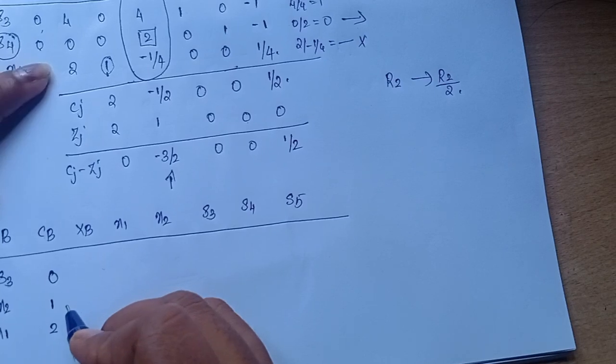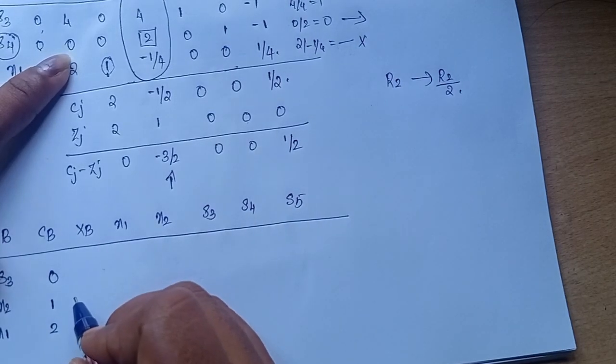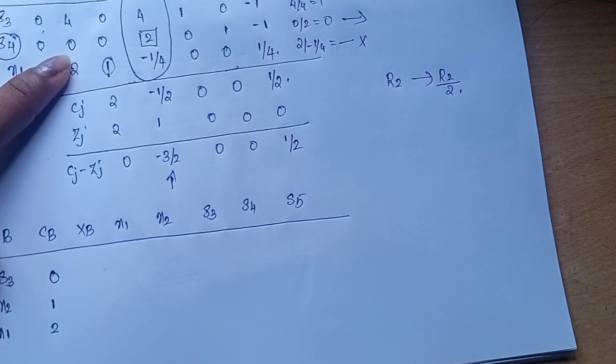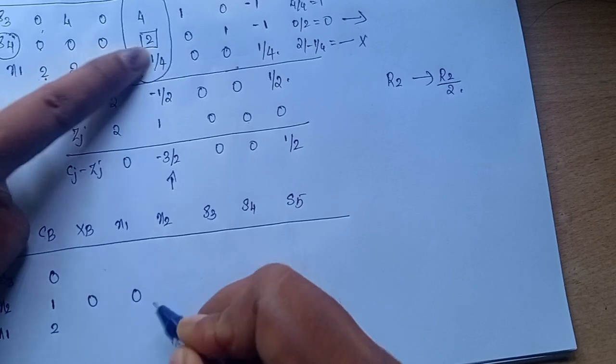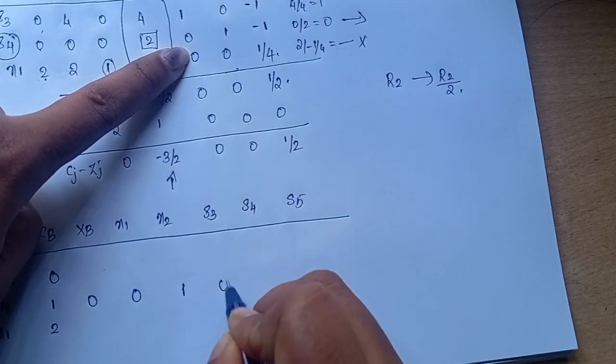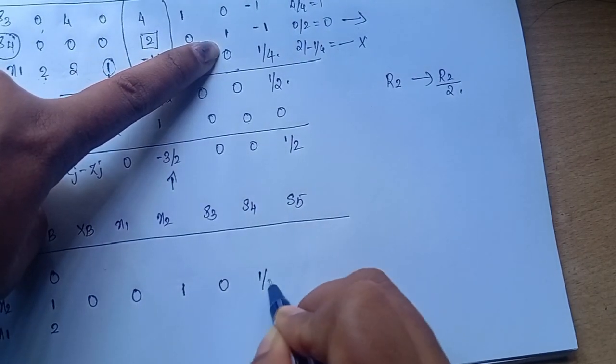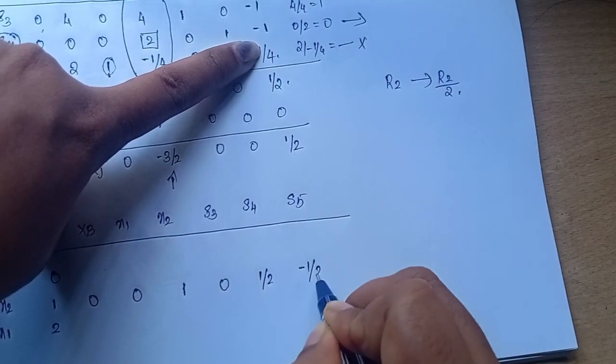So what we get is 0 by 2, 0; 0 by 2, 0; 2 by 2, 1; 0 by 2, 0; it's 1 by 2, this is minus 1 by 2.